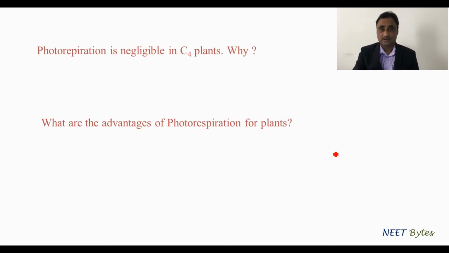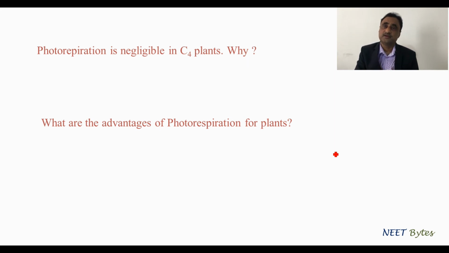Now one question. Photorespiration is negligible in C4 plants. What is the reason? You see, in case of C4 plants, we have seen that carbon dioxide is taken to the Calvin cycle through malate in the bundle sheath. So the bundle sheath does not allow any access of oxygen to the Rubisco. Oxygen is not there.